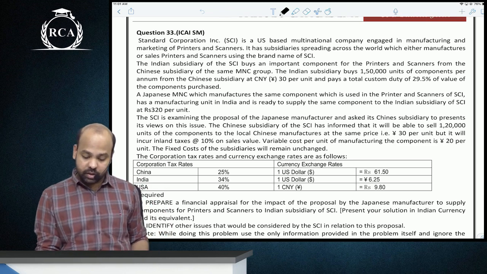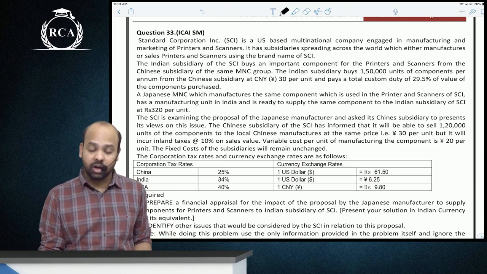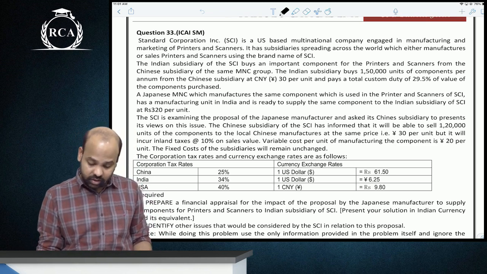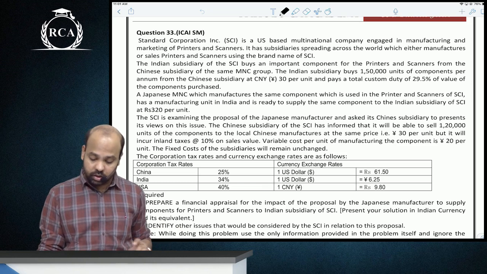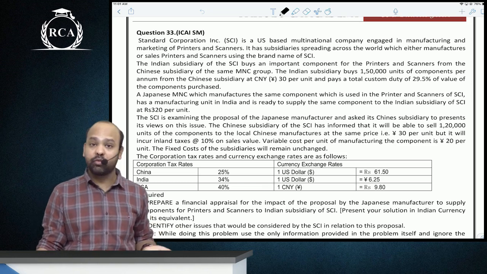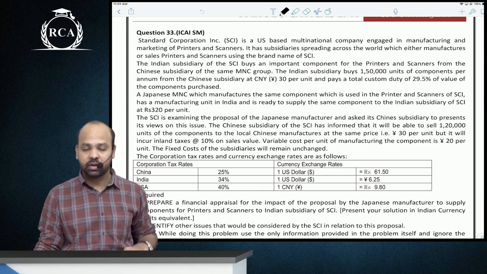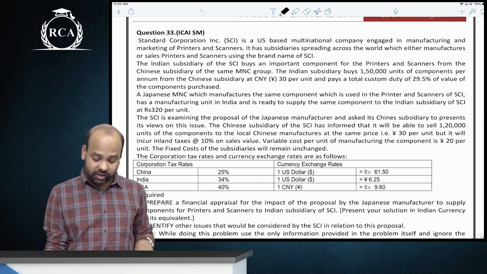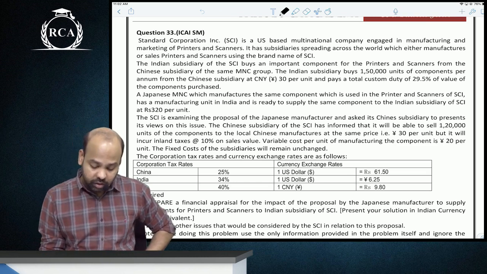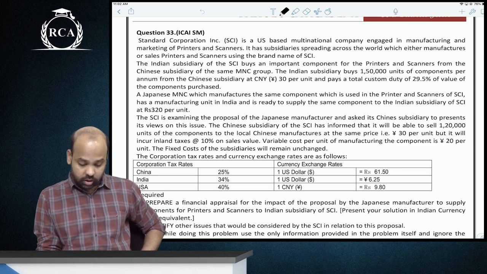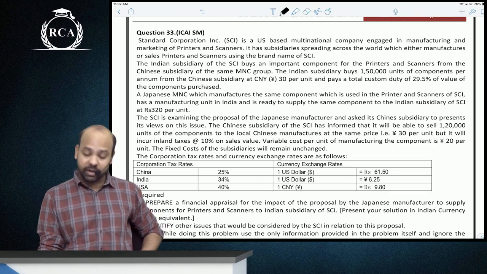So you either have manufacturing units situated across the countries, or you have your sales divisions. The Indian subsidiary of SCI buys an important component for the printers and scanners from the Chinese subsidiary of the same MNC group.